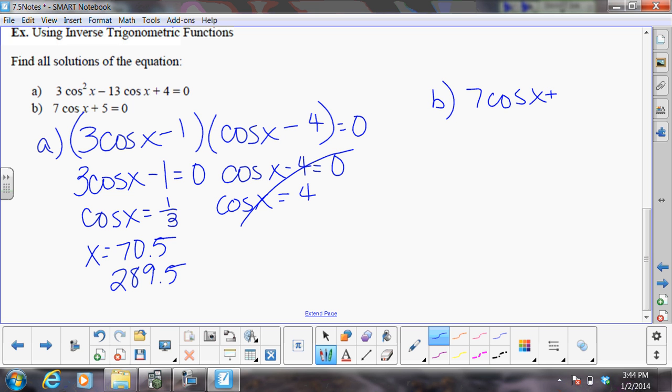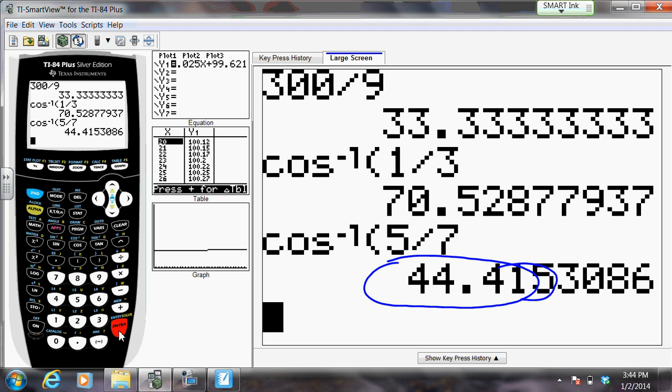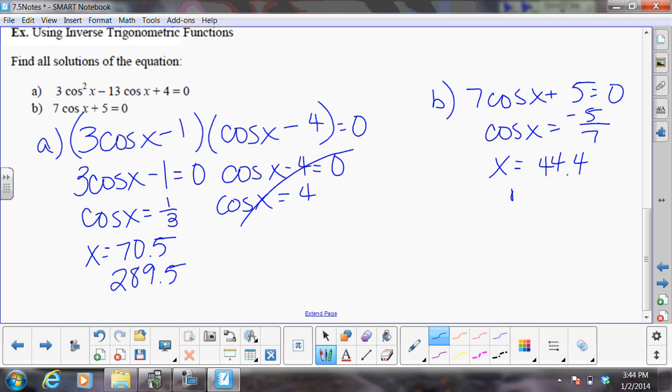And the last one, 7 cosine x plus 5 equals 0. Move 5 over and divide by 7. So it's negative 5/7. Back to our calculator, arc cosine of 5/7. I don't need the negative because it's just going to give me a reference angle. So this is 44.4. Okay, that's the reference.